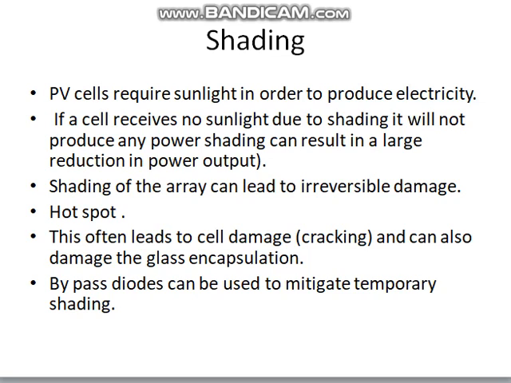Once a cell is shaded, it will never produce electricity. Immediately it becomes a load on the other solar cells that are getting sunlight, so that starts damaging them. Sometimes a bird sits on a particular solar cell, and that cell will act like a load to the solar panel.